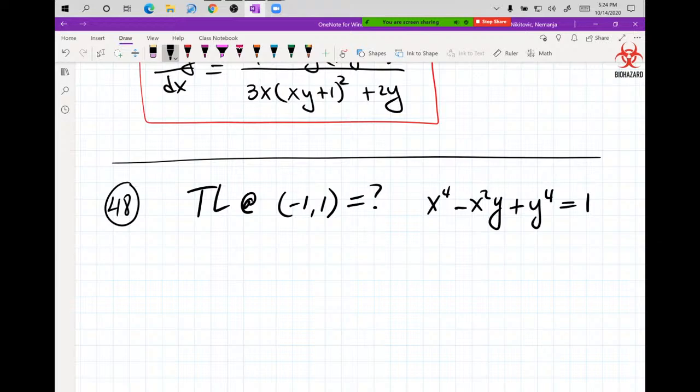Same principle like always before for tangent line. Get the derivative, plug the points to get your slope. So we have to get the derivative of x to the fourth minus x squared y plus y to the fourth equal 1.